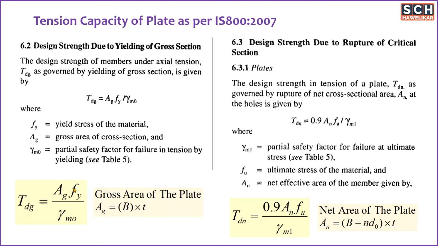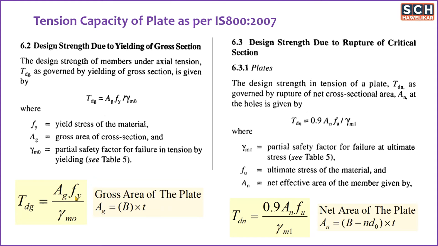Whereas in case of net strength, or the strength due to rupture, we see the net area. The net strength depends upon net area, and the rupture occurs at ultimate load.